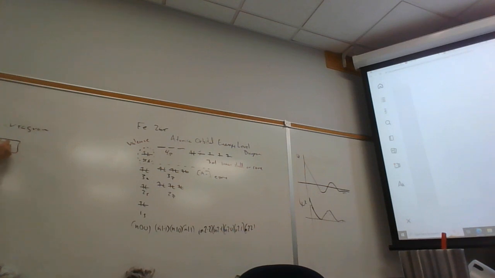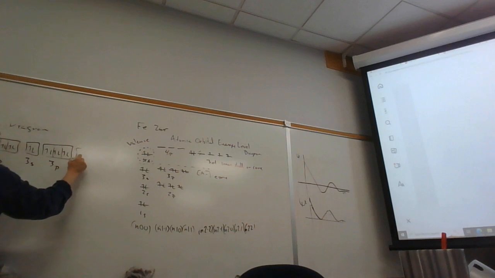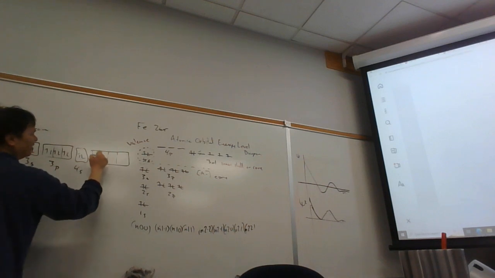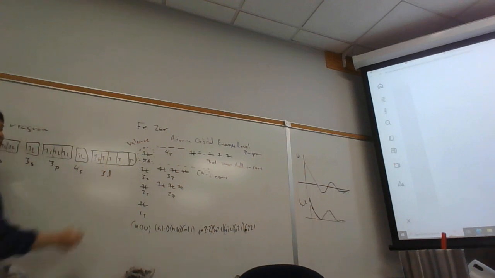That is, there's a total of 6 electrons in the 2p subshell. And then 3s2, and then 3p6, followed by 4s2, and then 3d6. All right, this is the orbital box diagram.